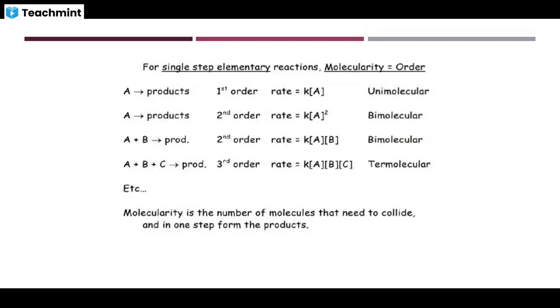A gives product is a unimolecular reaction, AB is bimolecular, and ABC is a termolecular reaction. So molecularity is the number of molecules that need to collide to form the product in one step.